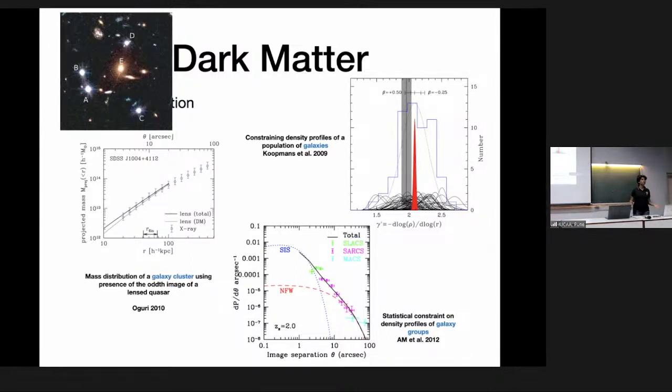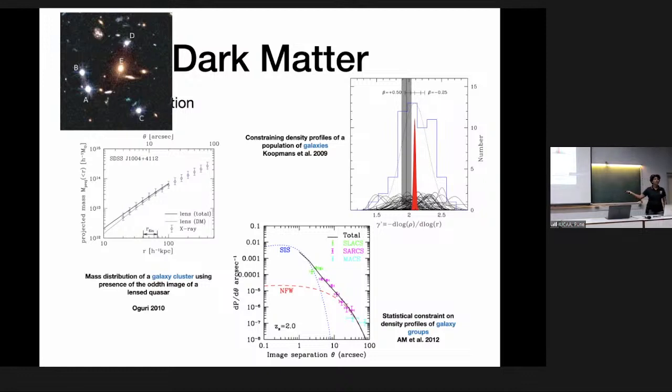Because in most of the lens systems that you will see, we actually see an even number of images. It's either two images or four images. But there are only a handful of systems where we actually see an odd image, the third or the fifth image. So this is one of such exceptions where we can see this fifth image, which forms very close to the lens center, and it allows us extra observational constraints.